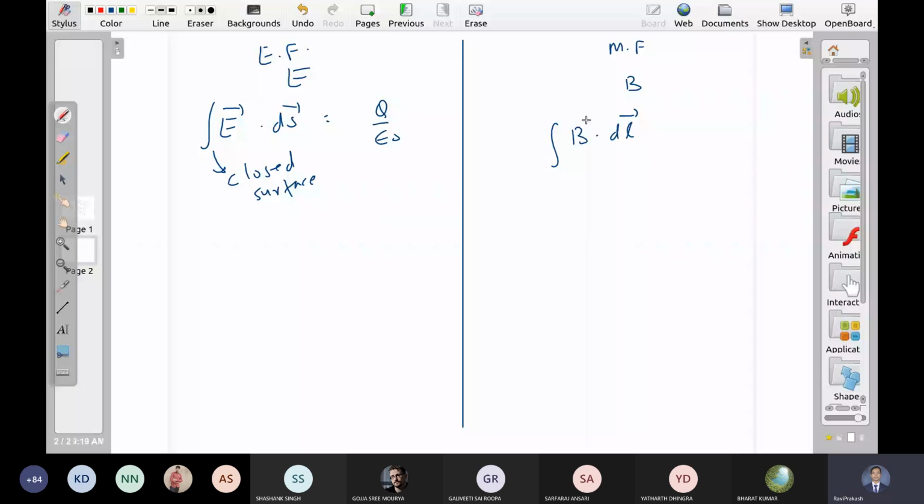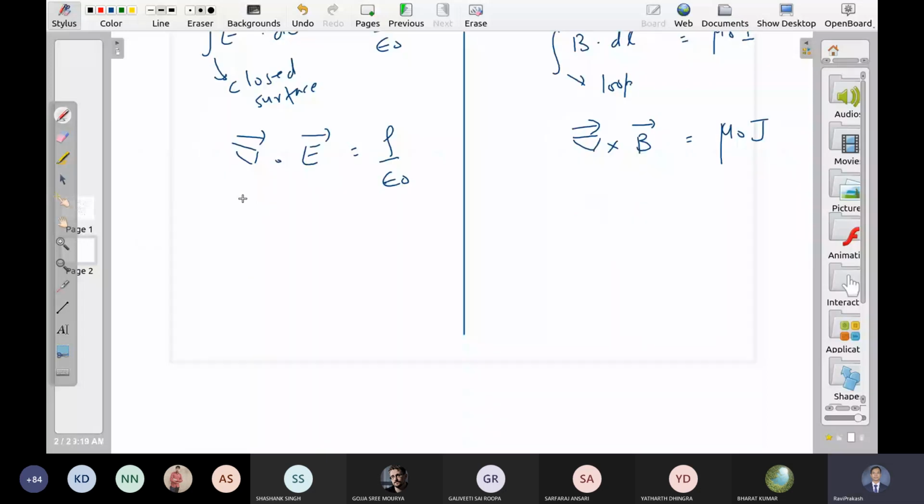The same thing written as, and the same thing can be written as, for electric fields are conservative, so we have del cross E is equal to 0.